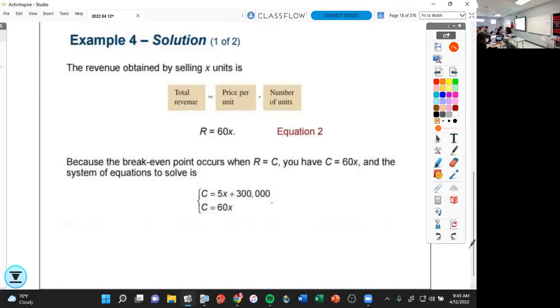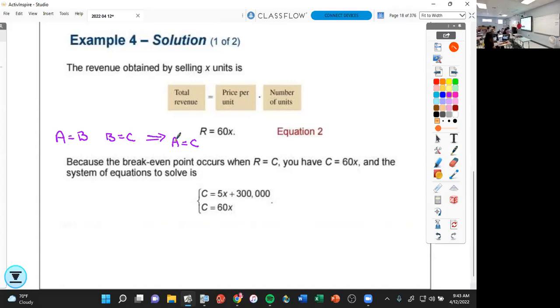Yeah, do y'all remember this property that looked like this? If A equals B, B equals C, then A equals C, right? I remember what that was called? Transitive, the transitive property. So if C is equal to this mess, but C is also equal to this mess, what does it tell you about the messes?